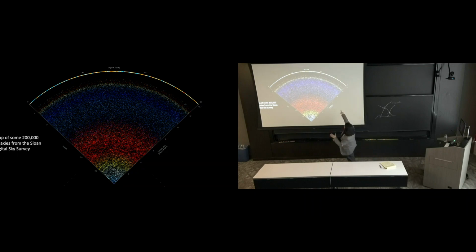And this is quite nice because these are galaxies going back in distance, which is also going back in time.